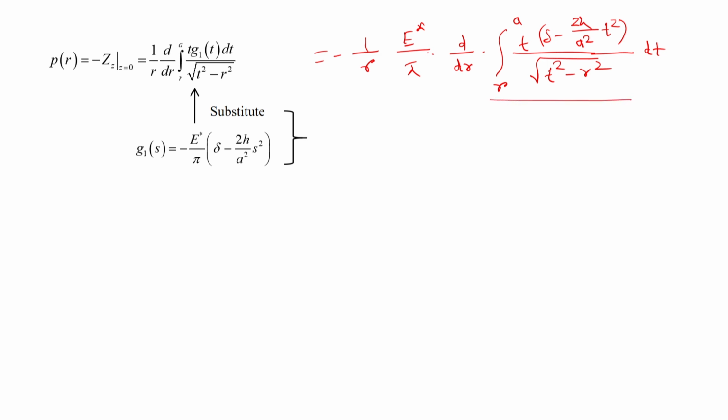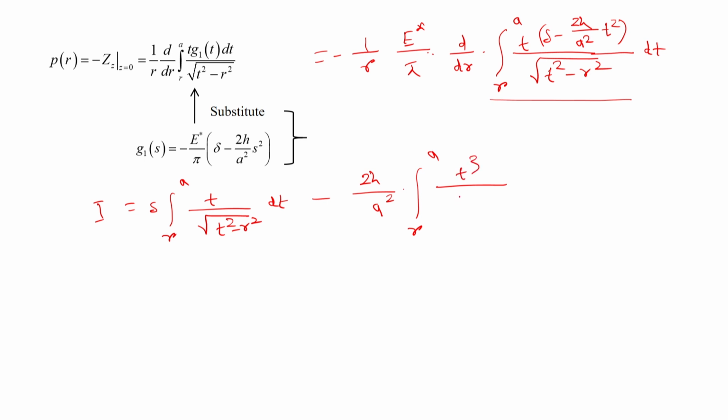So, we can do that. Let us say that here this I is equal to integral from r to a, and this is delta, and this is t by square root of t square minus r square into dt minus 2h by a square into integral from r to a of t cube by square root of t square minus r square dt, like this.